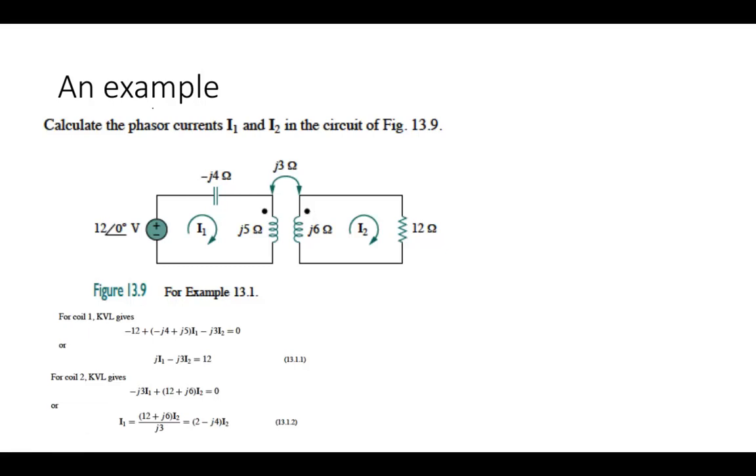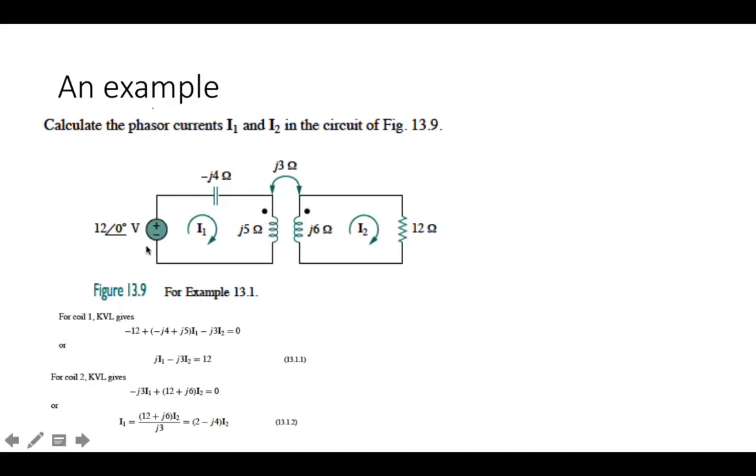Now, as the current I2 goes around and I'm summing voltage drops, since the plus is at the dot for the mutual term and the minus is here, that's actually a rise. So if I'm counting drops as positive, that term is going to enter as a negative J3 times I1 because I1 is the current that's actually doing the inducing.